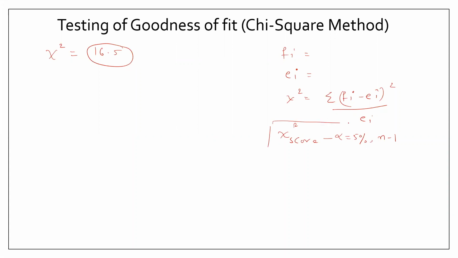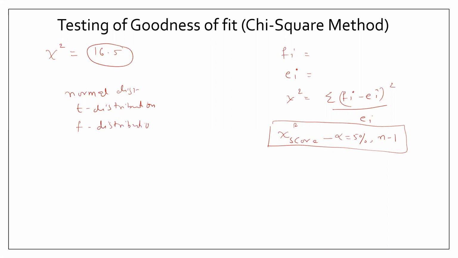This value we will get from the table of chi-square. Till now we have seen the Z table, or normal distribution table. We have seen the T distribution table, and when we did the variance problem, we also saw the F distribution table.